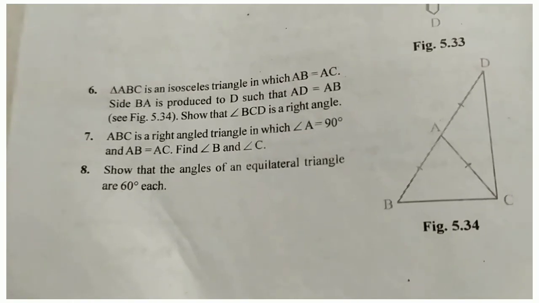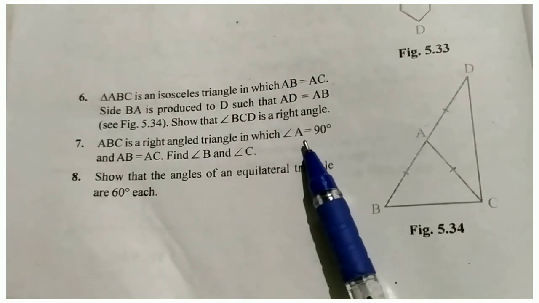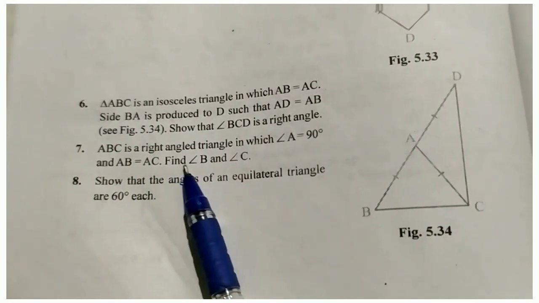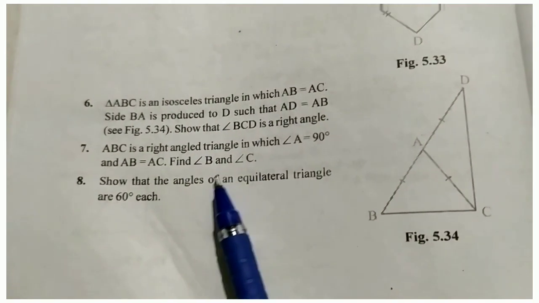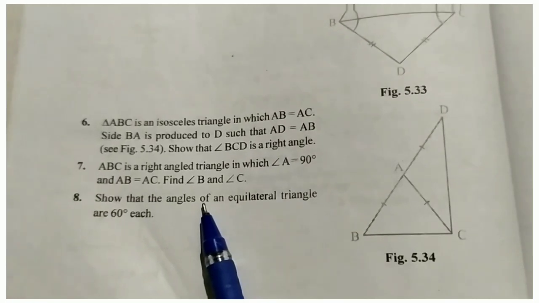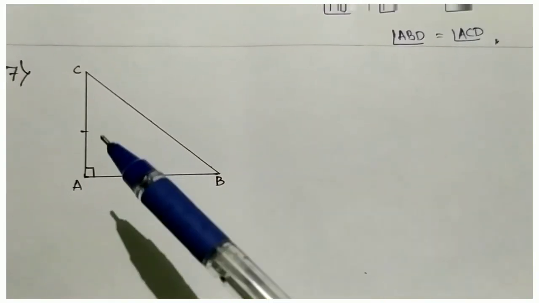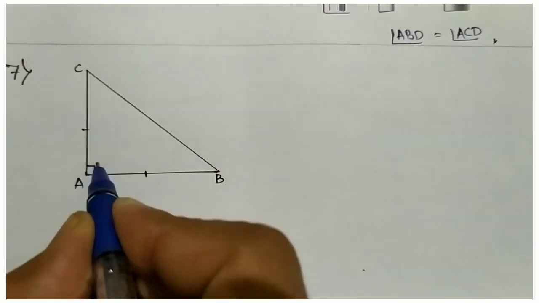ABC is a right angle triangle in which angle A equal to 90 degree and AB equal to AC. Find angle B and angle C. So it is very easy. Let's do this one. See here, draw one diagram ABC where angle A equal to 90 degree.